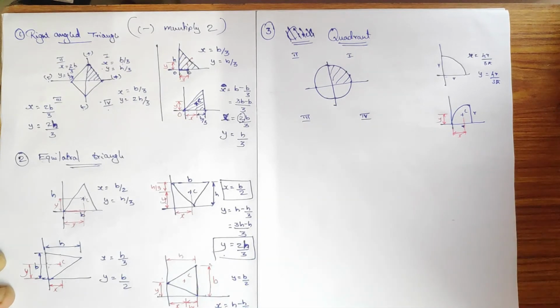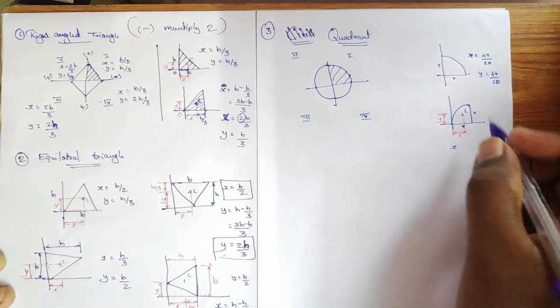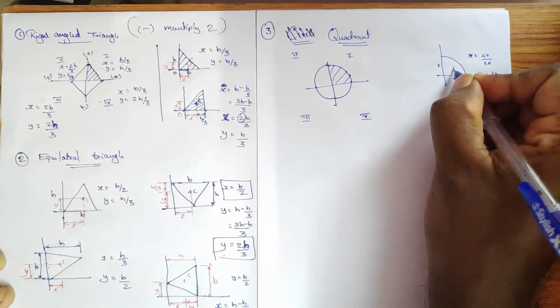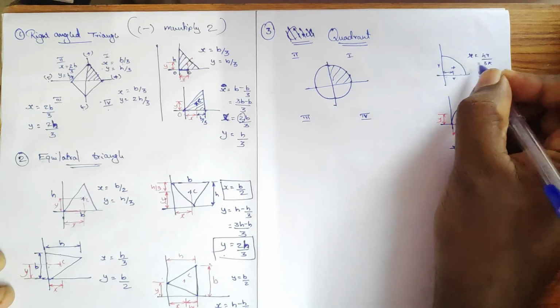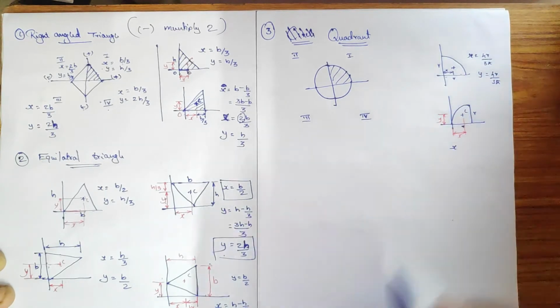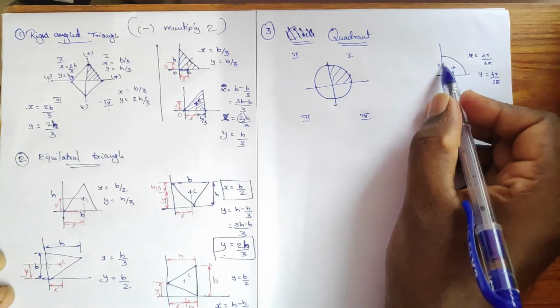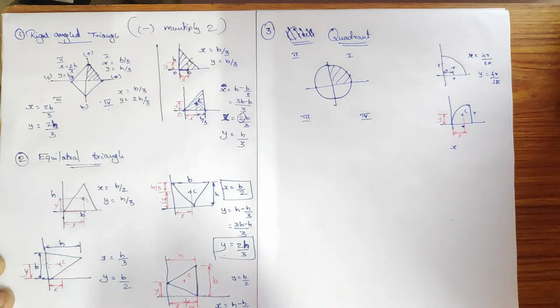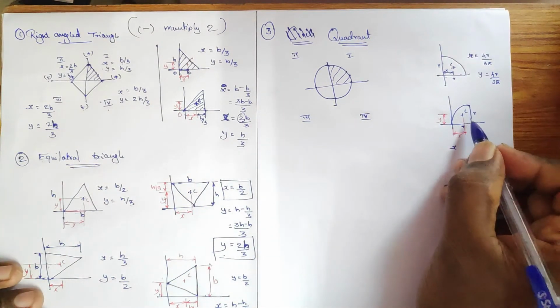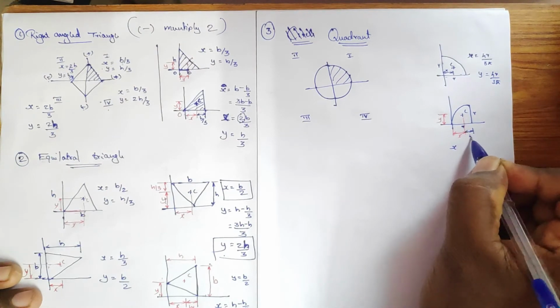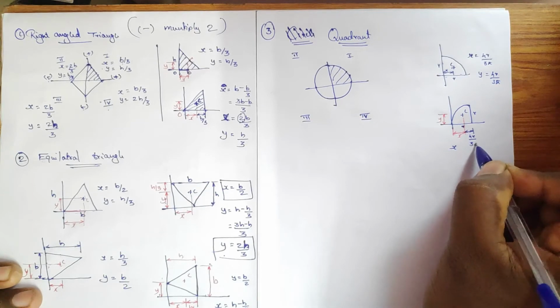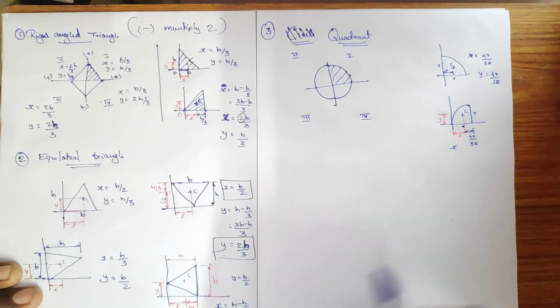See the x, the basic term from here to here, the x is 4r by 3 pi. From this base to this point C, the distance is 4r by 3 pi.